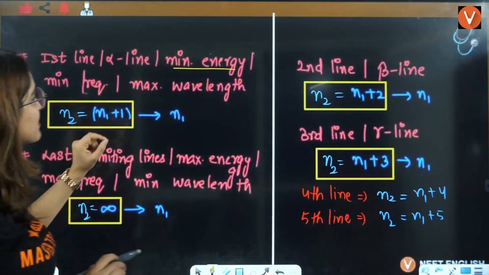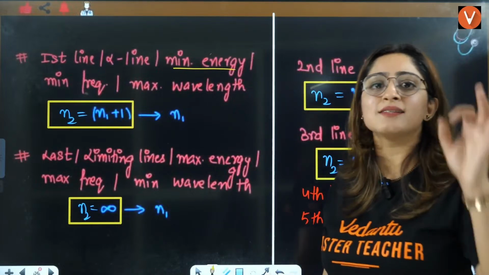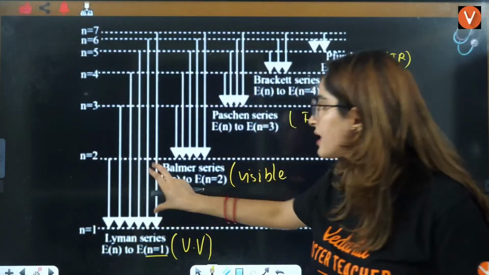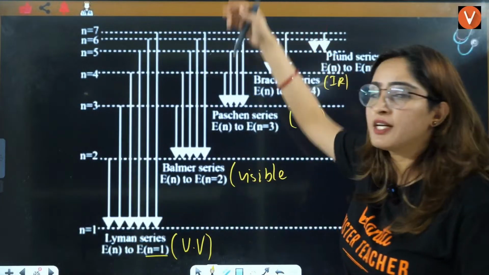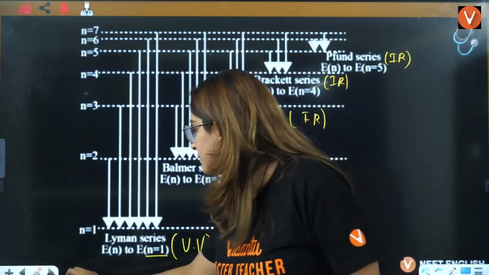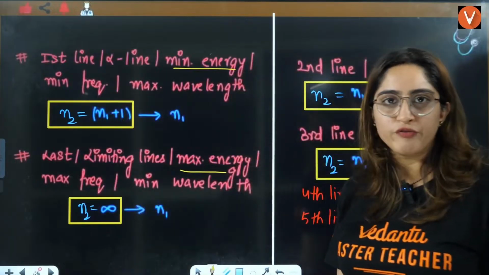So if they say minimum energy, then N2 equals N1 plus 1, because the minimum energy difference is here only. The maximum energy difference is at N infinity. If N is infinity, the maximum energy difference will be there, right? So for maximum energy, you have N2 equals infinity.